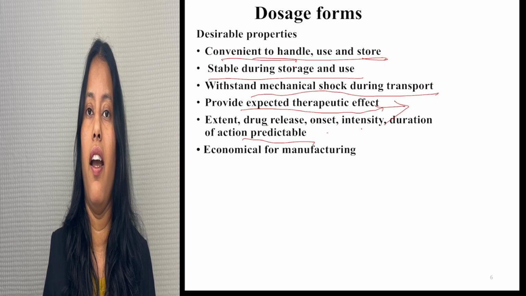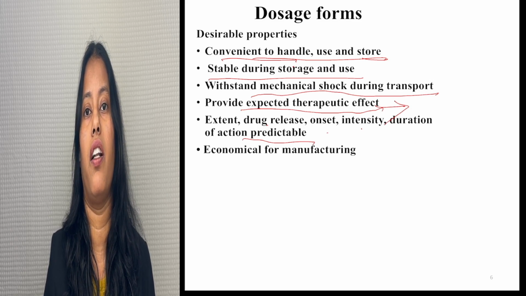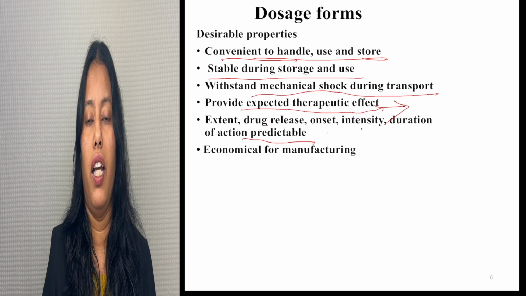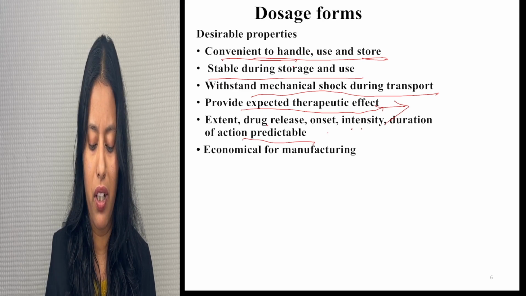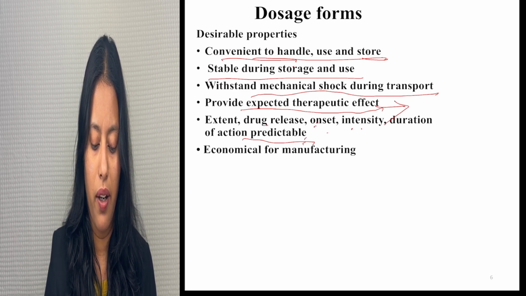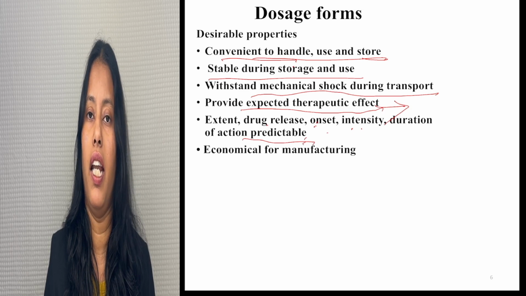So this data helps to predict the behavior of a drug in the human body. Then you can predict the fate of the drug when it is administered. So all these parameters must be measurable when you administer any drug in a suitable dosage form.